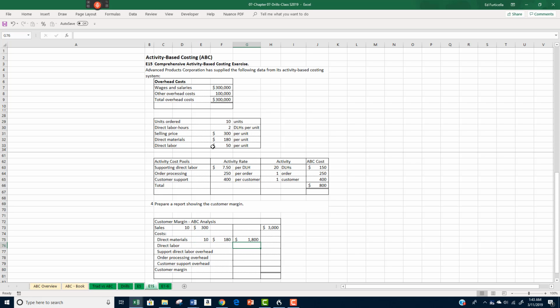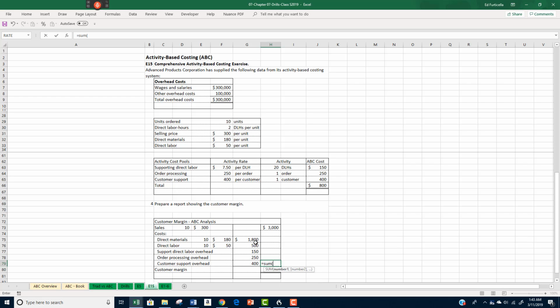Direct labor, 10 units, $50 per unit, direct labor, $500. Overhead to support direct labor, $150. We're just going to point and click. Order processing, overhead, $250. Point and click. Customer support, overhead, $400. Point and click.